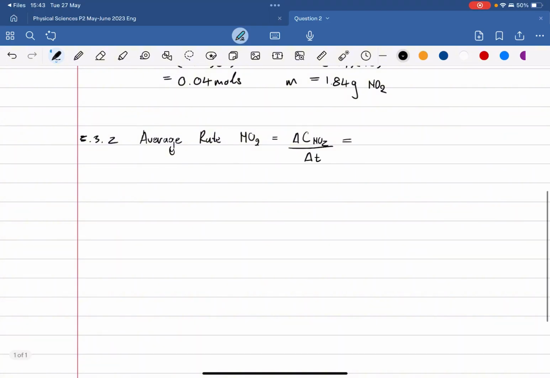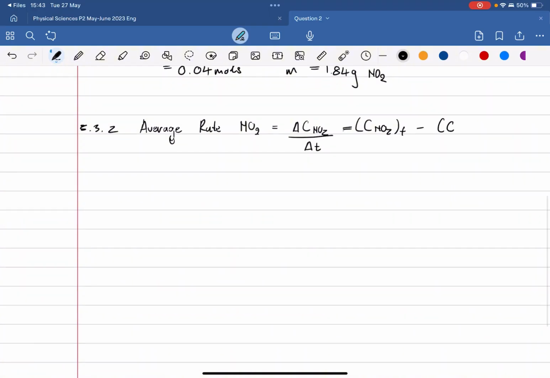So that means we've got the concentration of NO2 final minus the concentration of NO2 initial, divided by time final minus time initial.